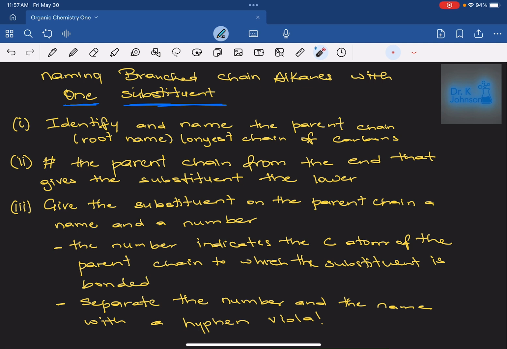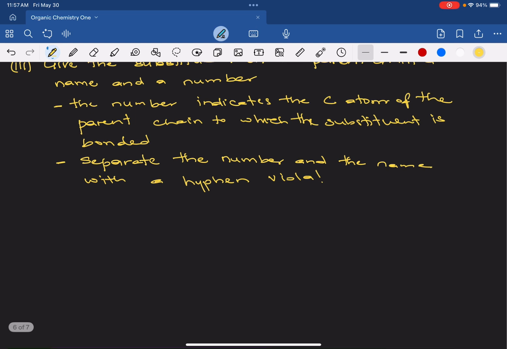So I'm going to use an example and incorporate these three rules to name this branch chain alkane with just one substituent. So let's go. Let's draw our branch chain alkane.